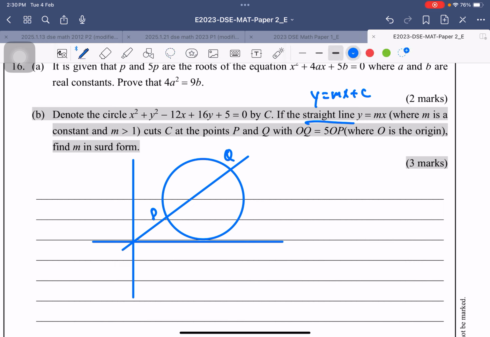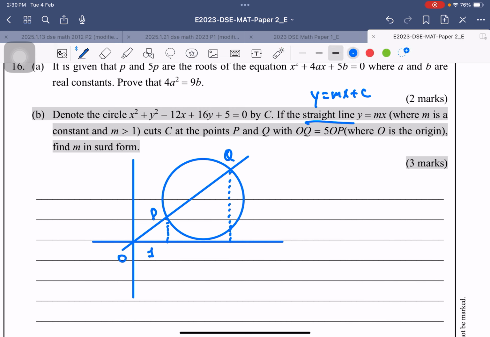So now we have OQ. This is the origin O. We have OQ is equal to 5OP. Is this part okay? So now if we draw the line here, if this is 1 to 5, then what is the ratio here? 1 to 5 as well.